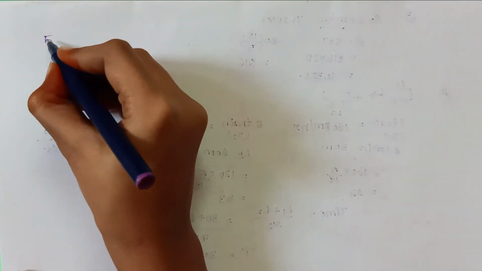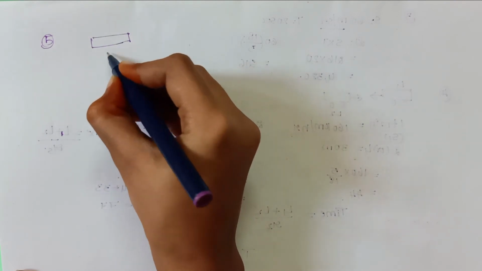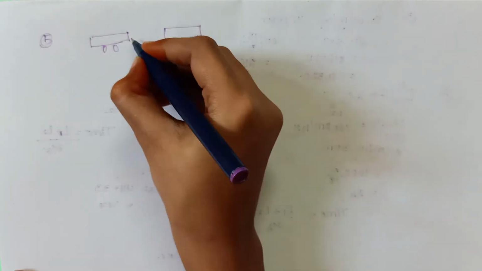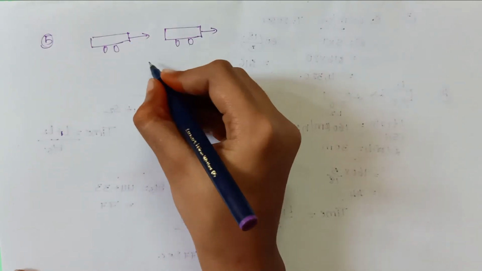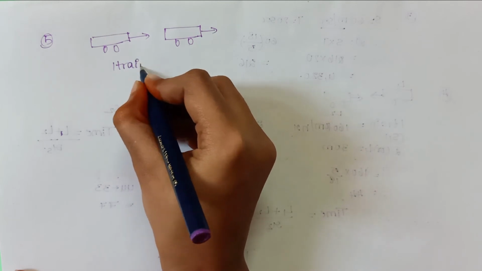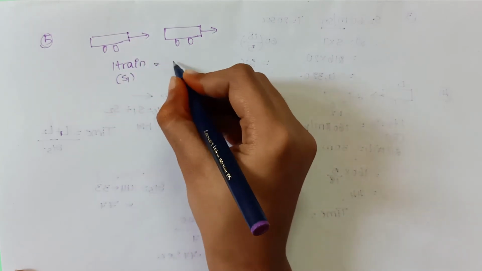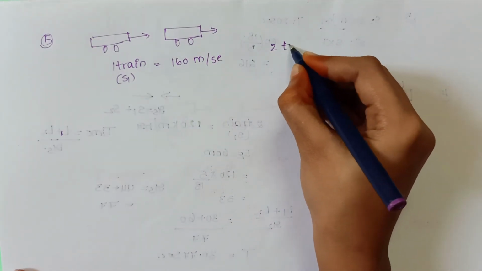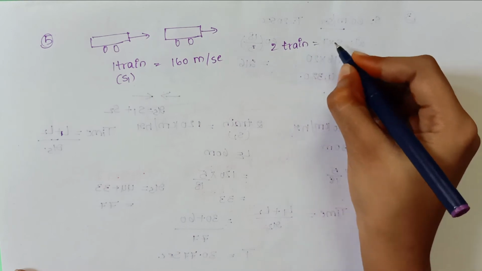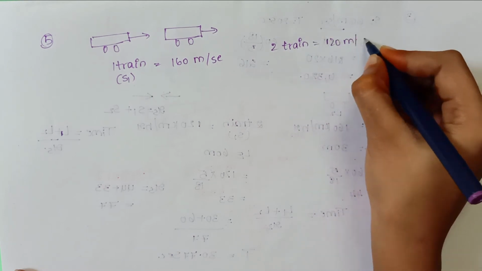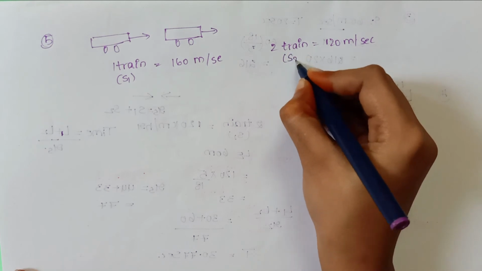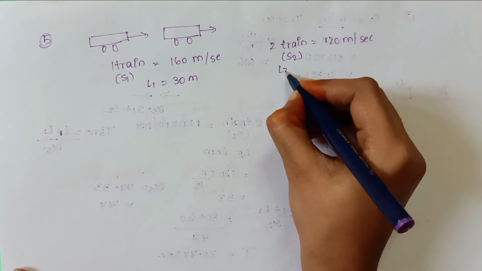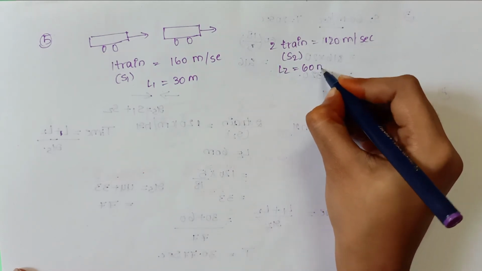Now fifth example, when two trains are moving in same direction, where one train speed S1 is 160 meter per second, where second train speed S2 is equals to 120 meter per second, where length L1 is equals to 30 meters, L2 is equals to 60 meters.